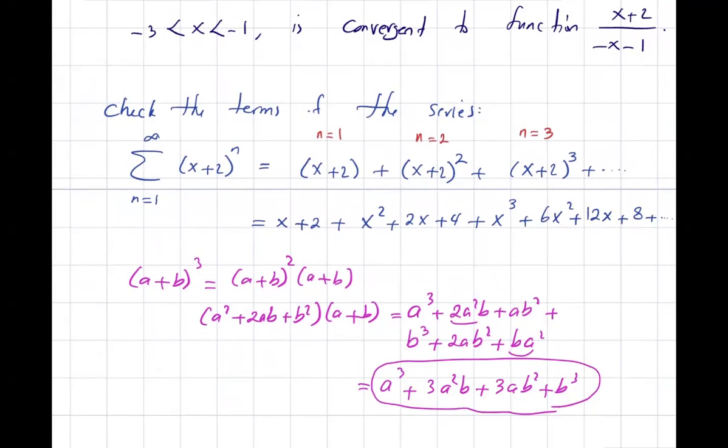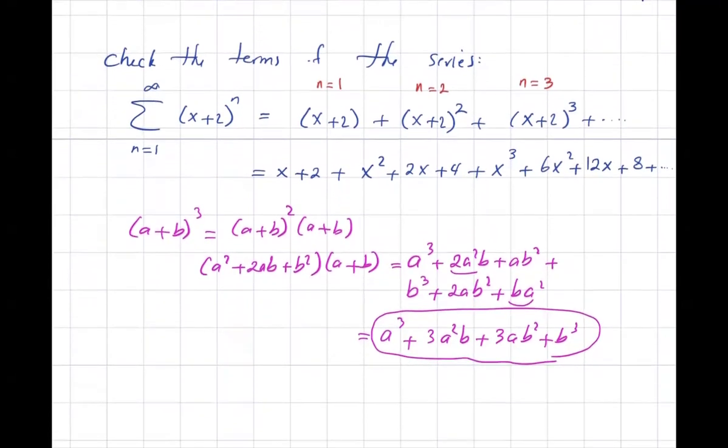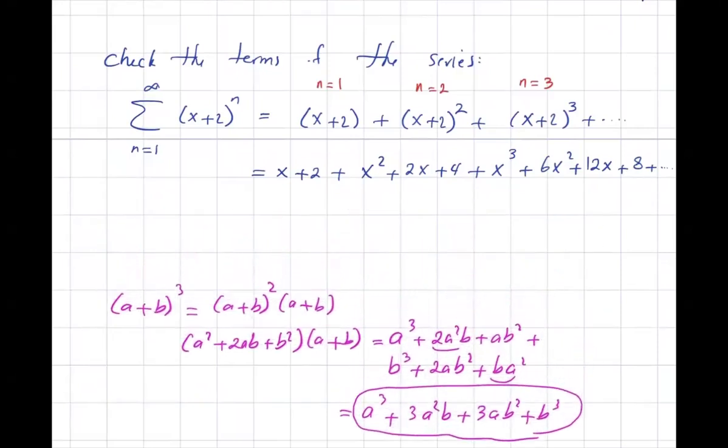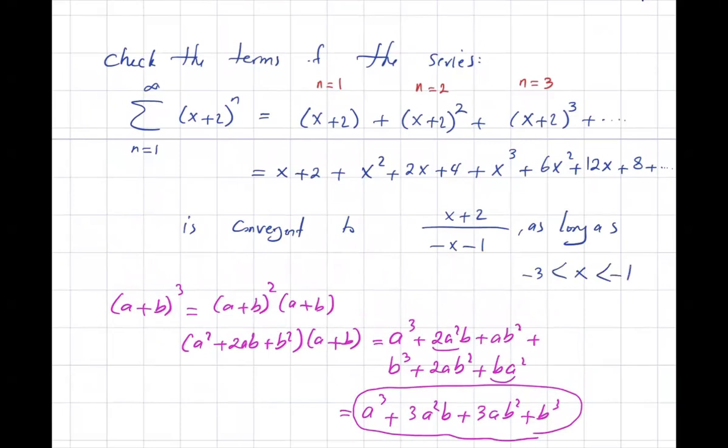So this power series is convergent to x plus 2 divided by negative x minus 1, as long as x is bounded between negative 3 and negative 1. So this is your takeaway from solving this problem.